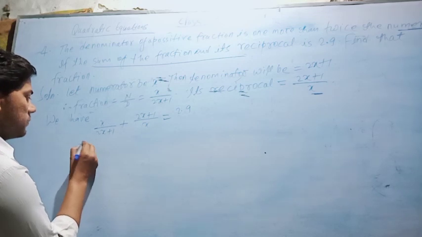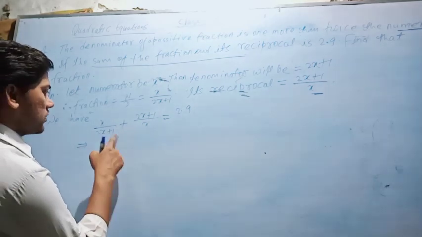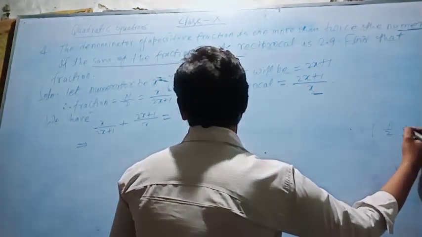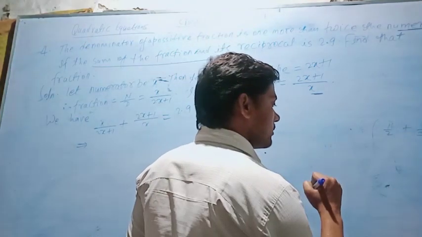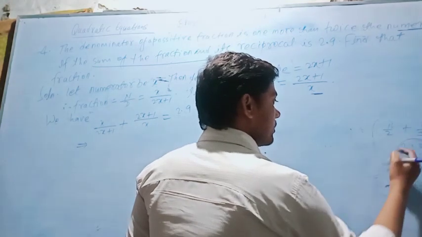This implies the LCM of 2x plus 1 and x. Suppose 1 upon 2 plus 1 upon 3 is there. 2 and 3 are both different, so their product will be the LCM.